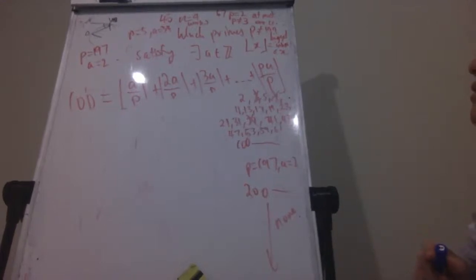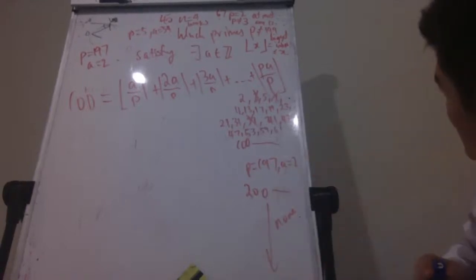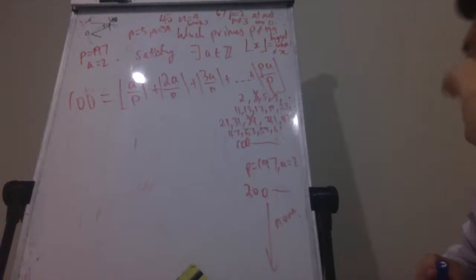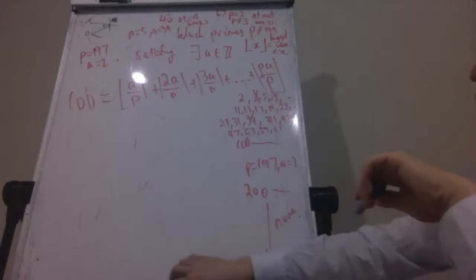That 6. So every A from 37 downwards is like less than 6.